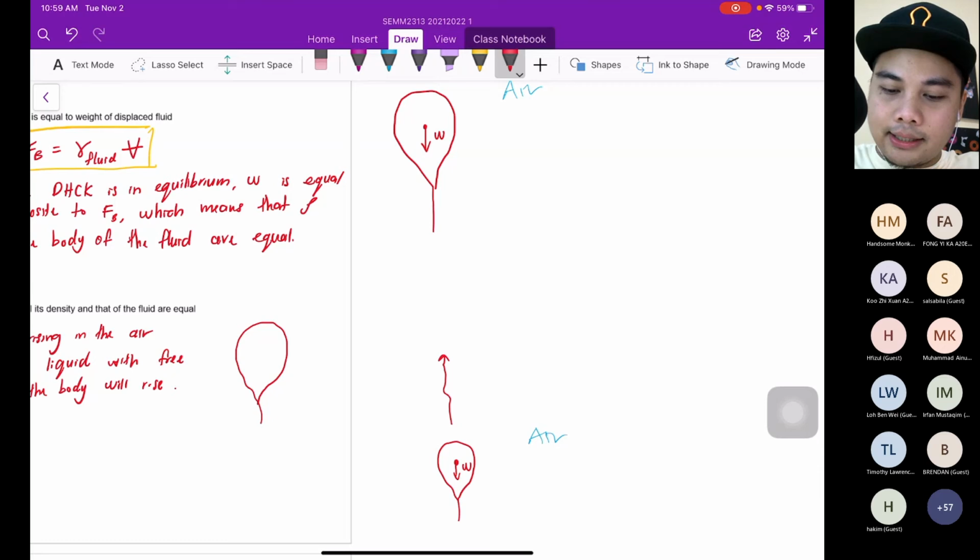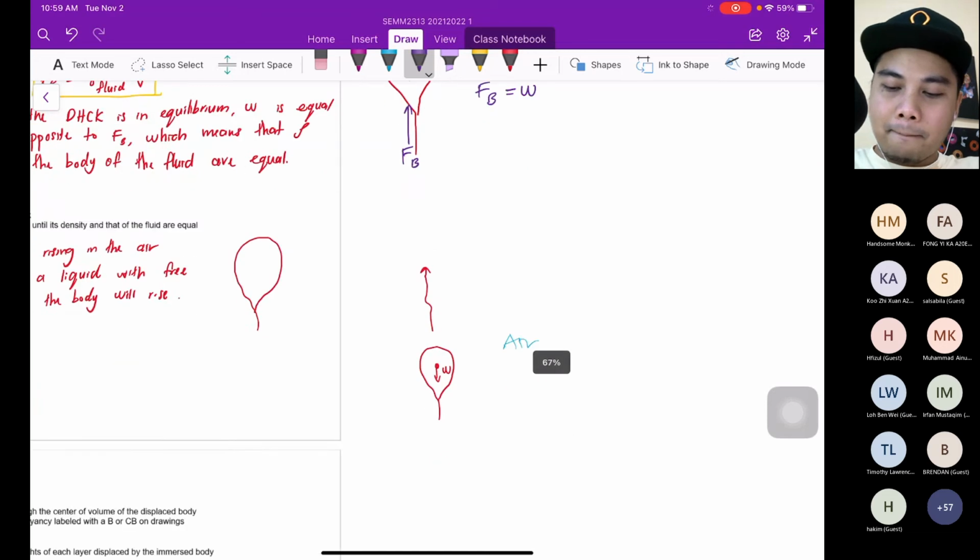So until this elevation, definitely this balloon will have the buoyancy force, FB, until at a certain elevation FB is equal to the weight. Then it will stop.